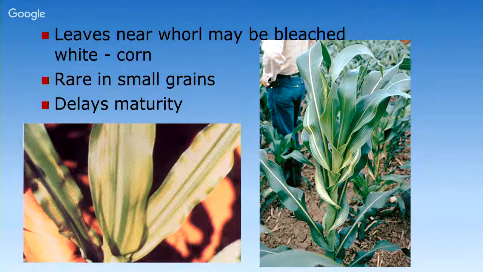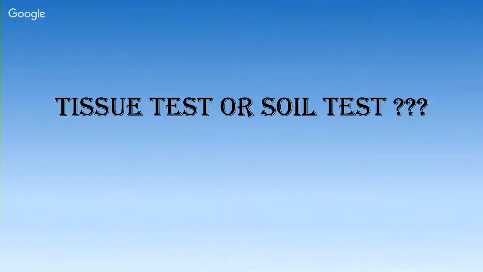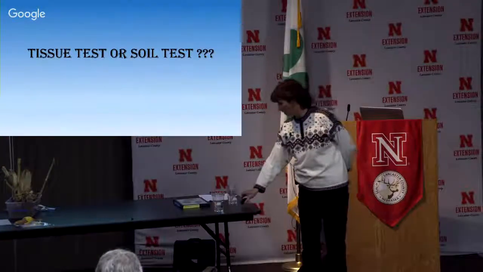Okay, it has a subtle deficiency later on. That's in corn, and there we have it in sorghum. Okay, I'm not going to bore you with the other nutrients that we've got.